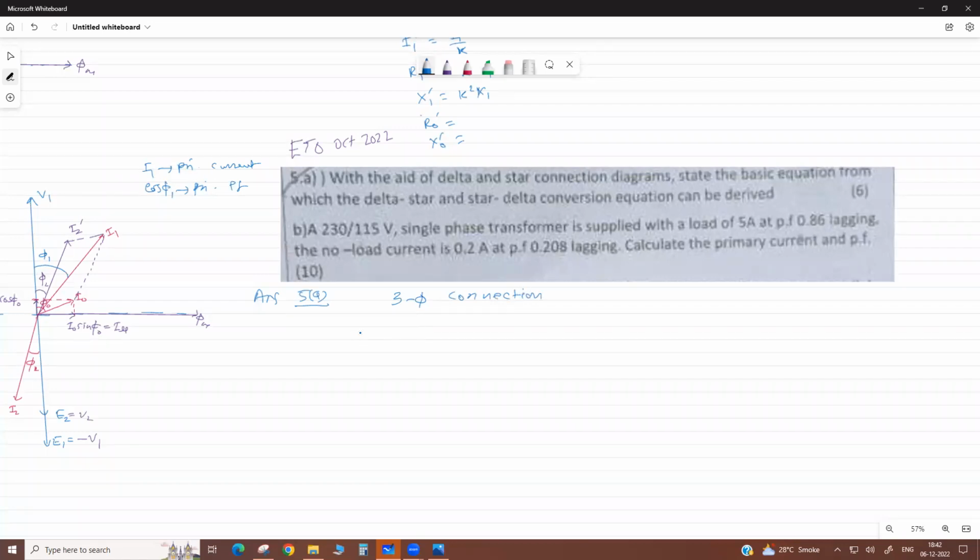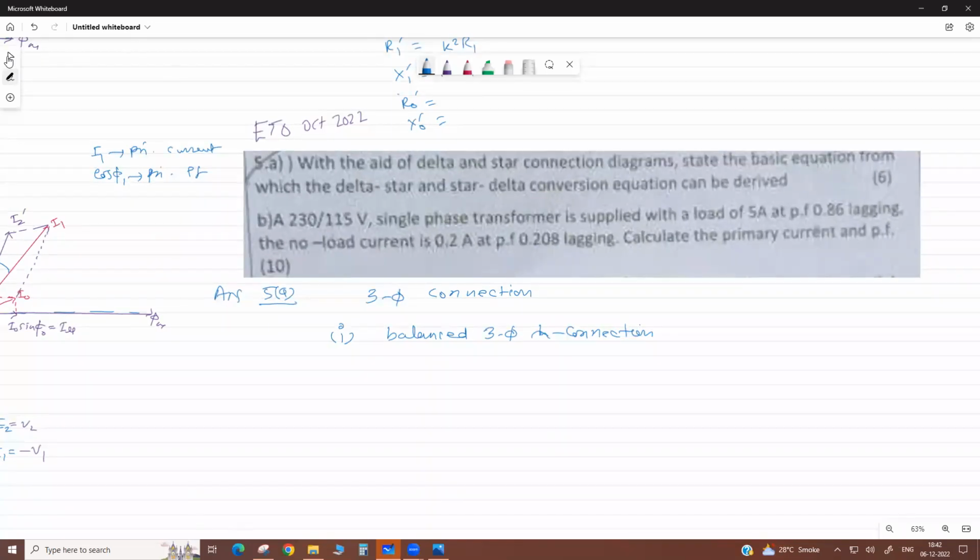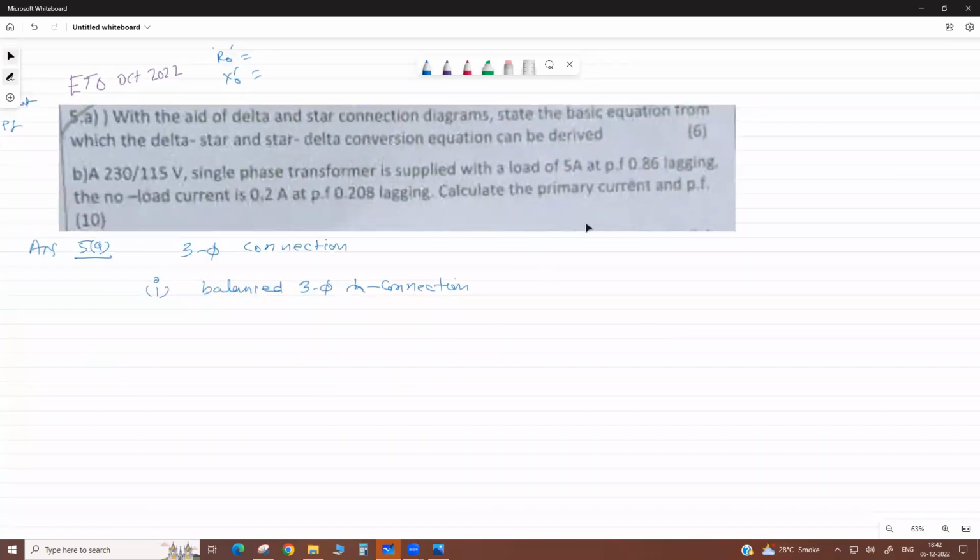Either we connect first balanced three-phase star connection, second balanced three-phase delta. Balance means in each phase the same impedance.